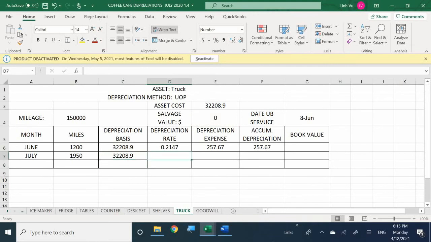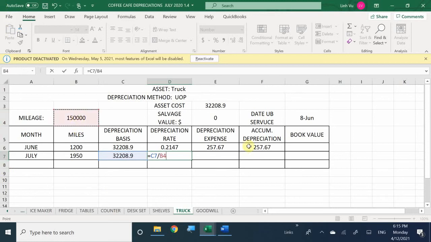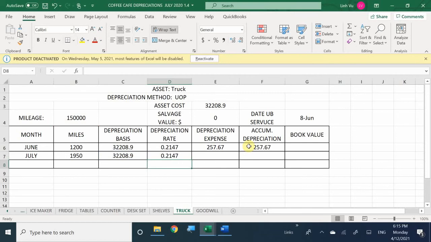And we've also solved for our per unit rate, which is the depreciation basis divided by the total amount of miles that this car can drive. So once again, giving me 0.2147, okay?